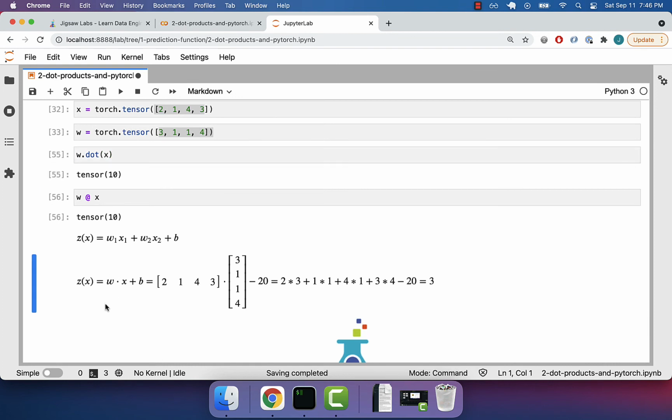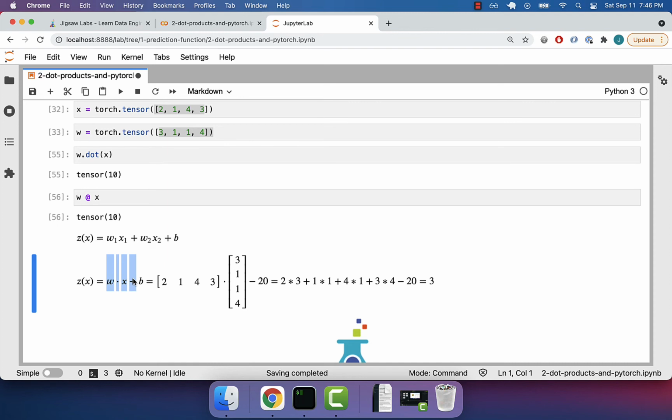The dot product is a way for us to rewrite our linear function. Previously, where we wrote this whole crazy mess, we're now reducing that down to just this.